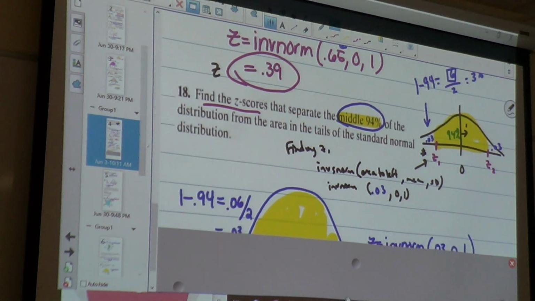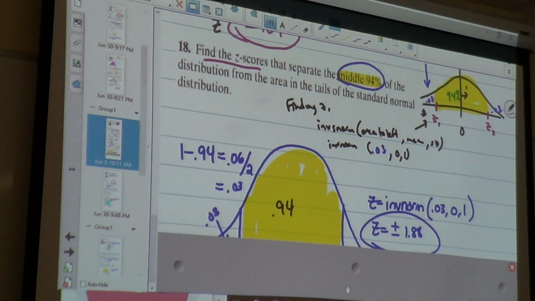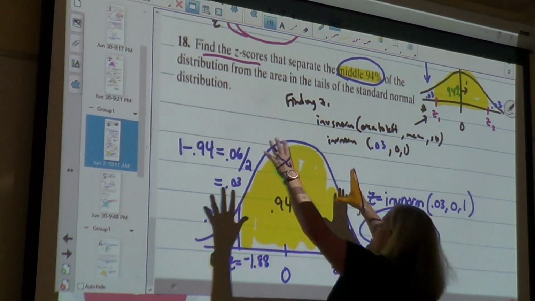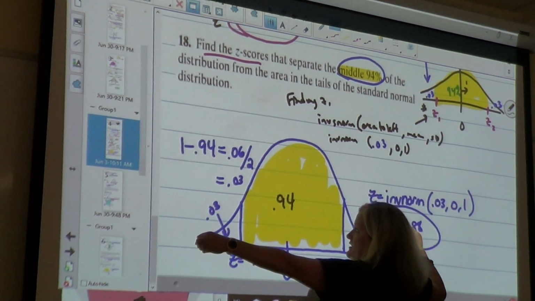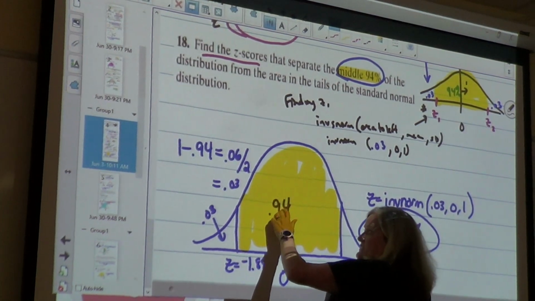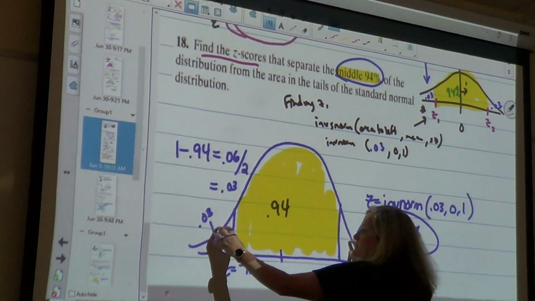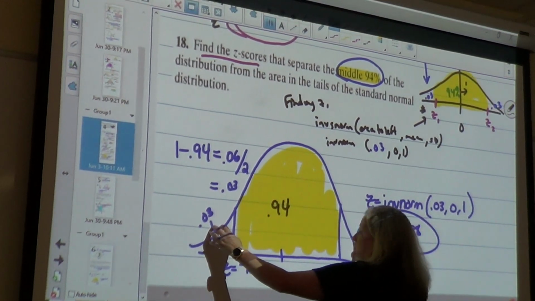Let me come down here so you can see it bigger. I did the 1, which is the same thing as 100%, minus the 94%, which gave me 6% or 0.06, and I divided it by 2, which gave me 3% in each direction.